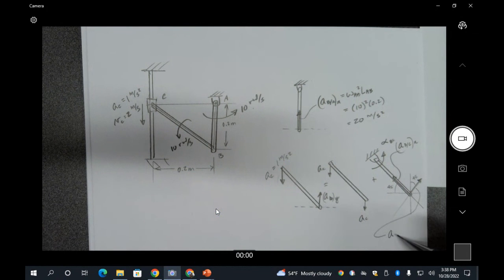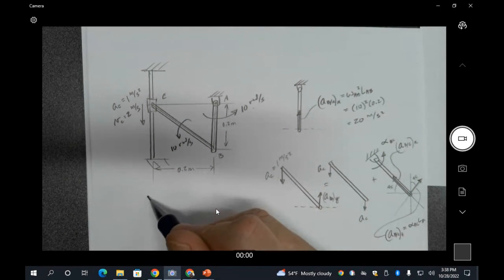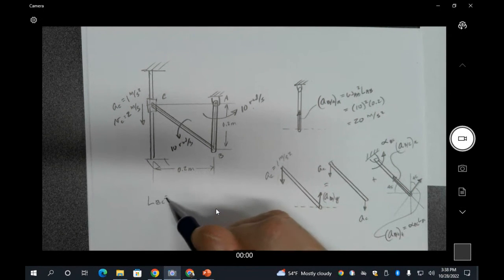This is the acceleration of B with respect to C in the tangential direction, which we know is going to be alpha BC times L BC. We never found L BC. Let's get it over here in the geometry.